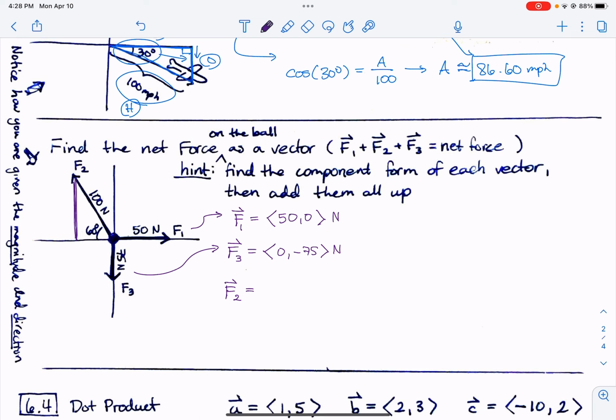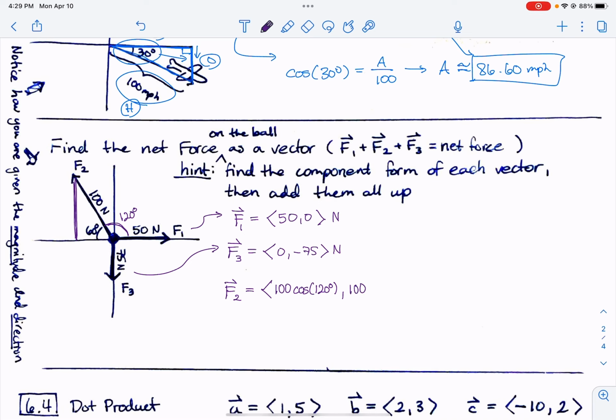If you get the standard angle, which is the angle measured from the x-axis, which in this case is 120, all you have to do to get the components is take the magnitude, so 100, times, for the x coordinate, cosine of the standard angle, so 120.